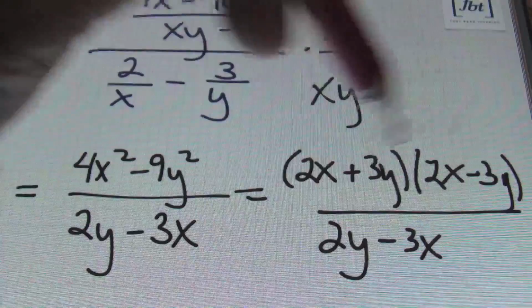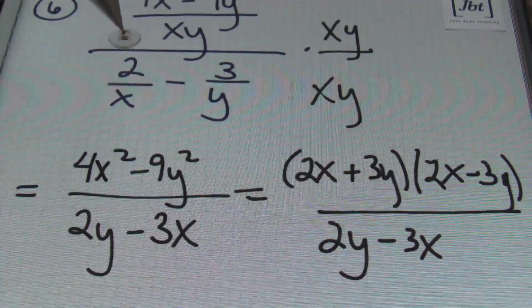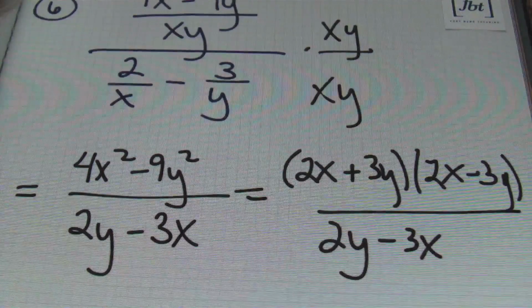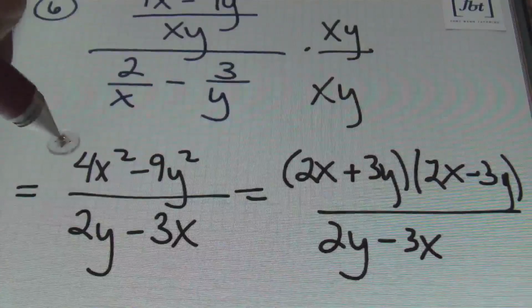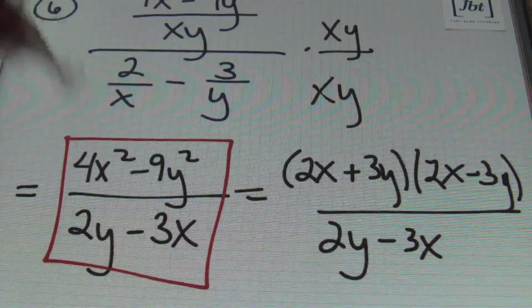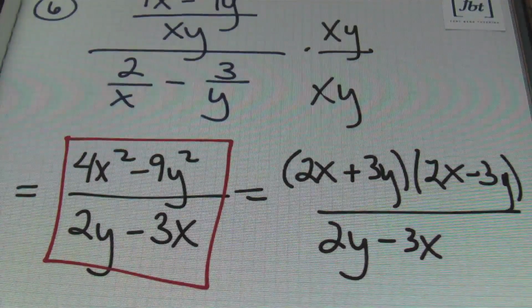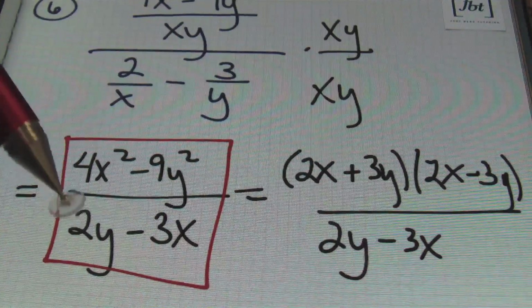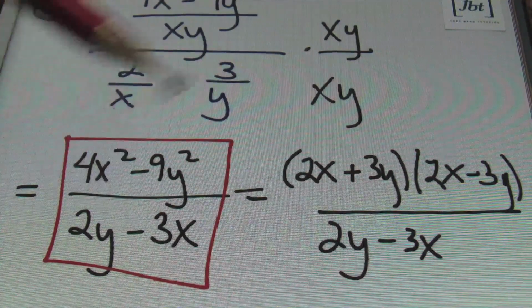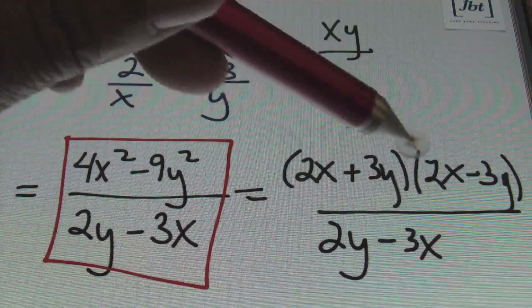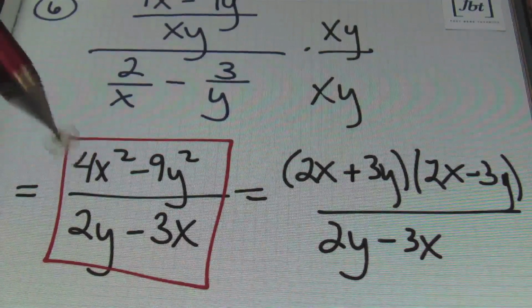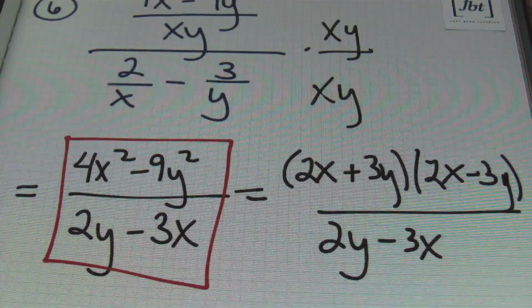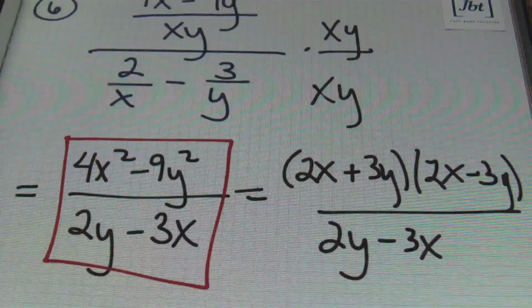So, checking out my results here, there's no way that we can cancel out anything, so that means that our original response was correct. It's in its most simplified form here as 4x squared minus 9y squared over 2y minus 3x. Even if you were to factor out a negative in the denominator, you still wouldn't be able to cancel out either of these factors in the numerator. So that's why it's okay just to leave it as 4x squared minus 9y squared over 2y minus 3x.